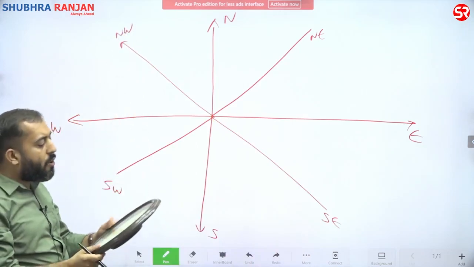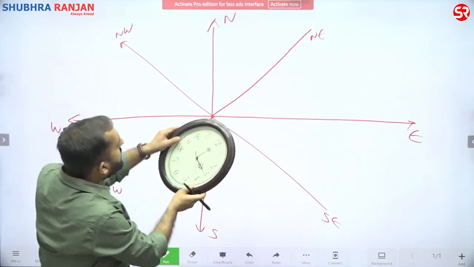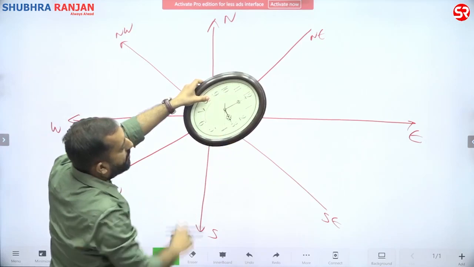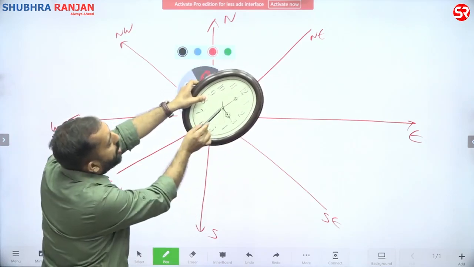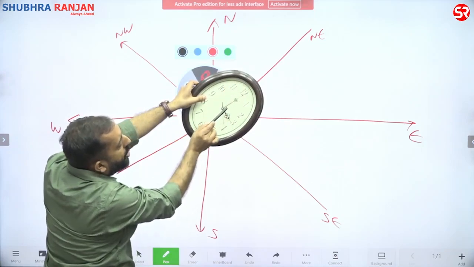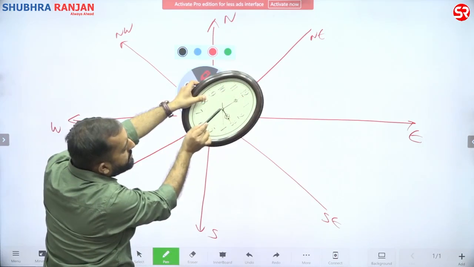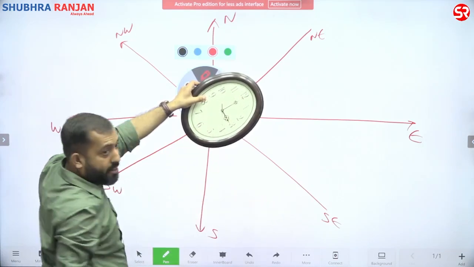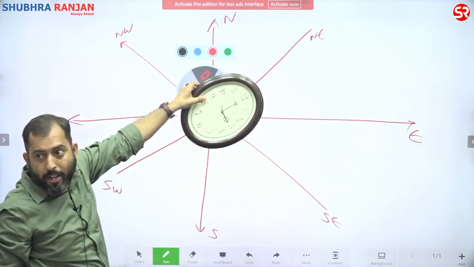So right now the clock is like this. The minute hand of the clock is pointing towards northeast and it is 3 o'clock in the clock, and then the hour hand must point towards southeast. So the answer of question number 1 has to be southeast.